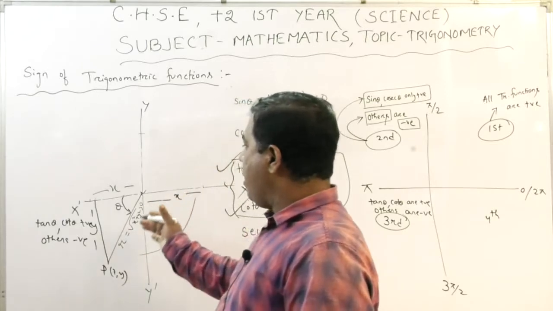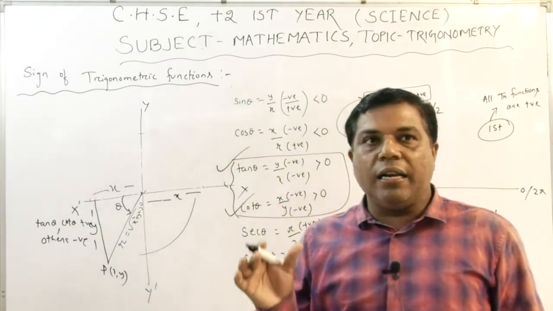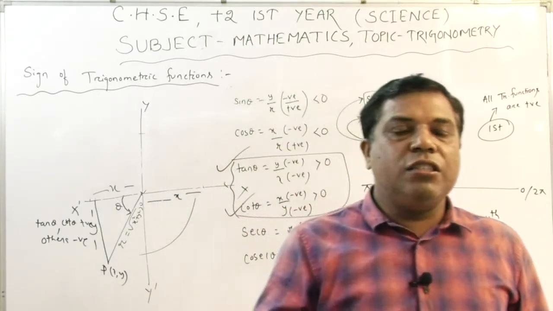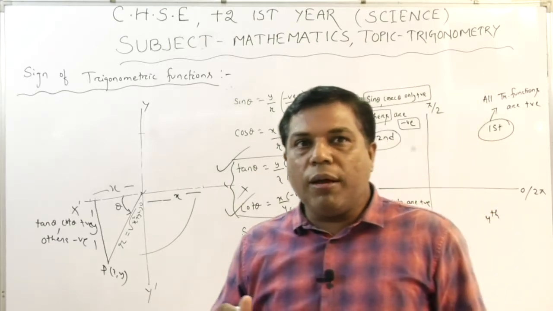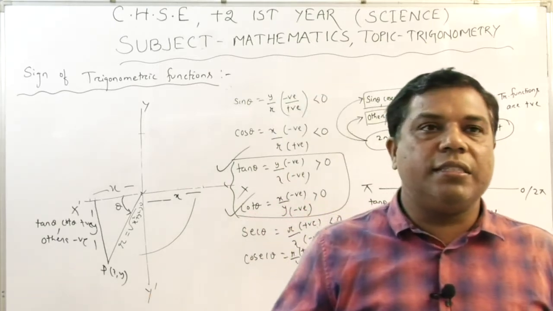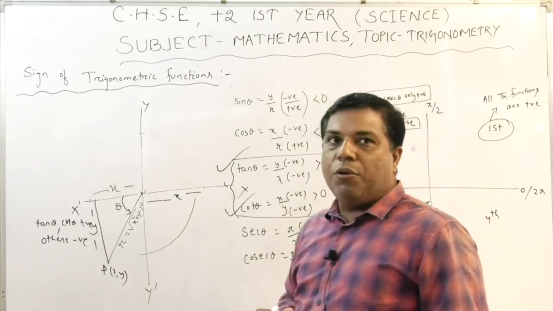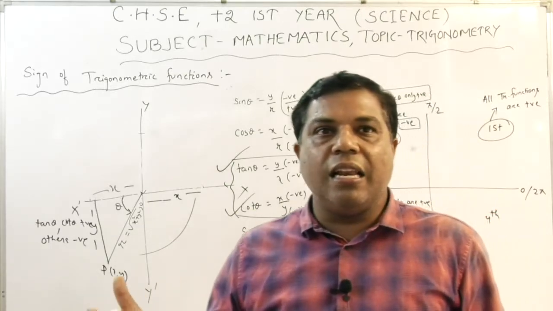Now with this concept, we are clear that this is the reason it takes a positive value or a negative value depending on which quadrant the angle lies in.